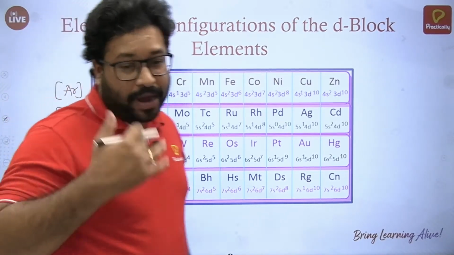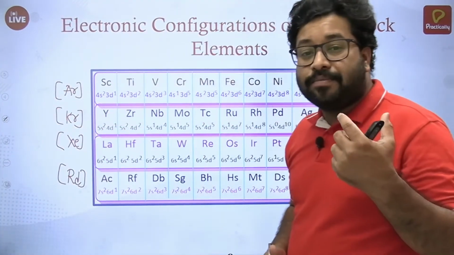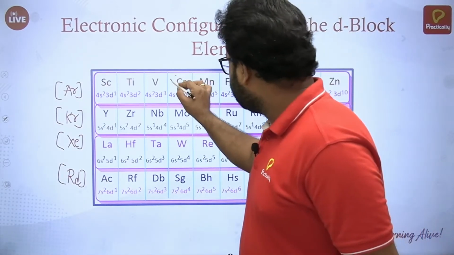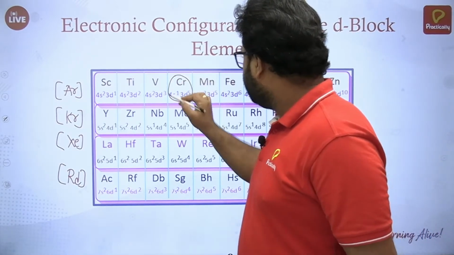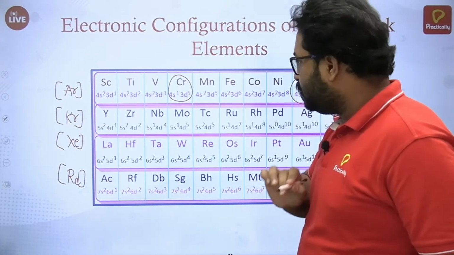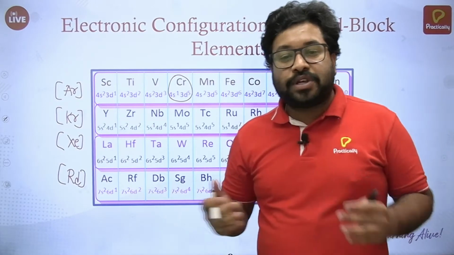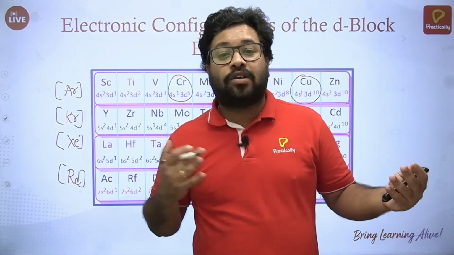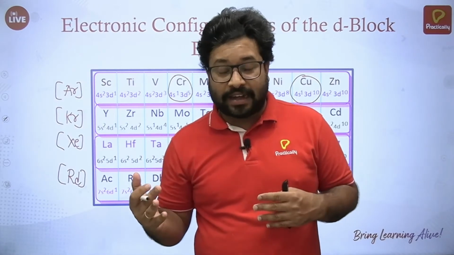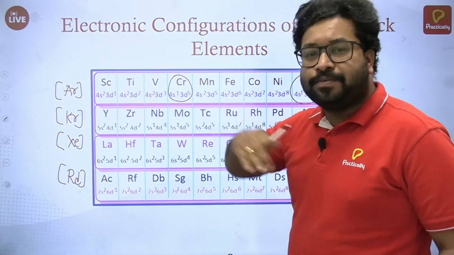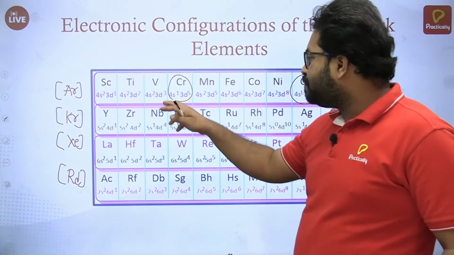But you will see there are some exceptions here. For example, look here, chromium, and then copper, you will see exceptions. Now why is there an exception at chromium? Because a half-filled d orbital is possible, 3d5, right? So scandium is 4s2 3d1, titanium is 4s2 3d2, vanadium is 4s2 3d3.